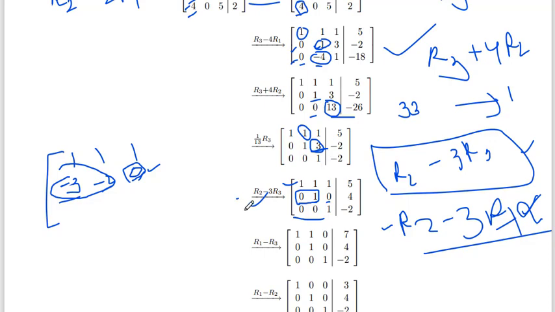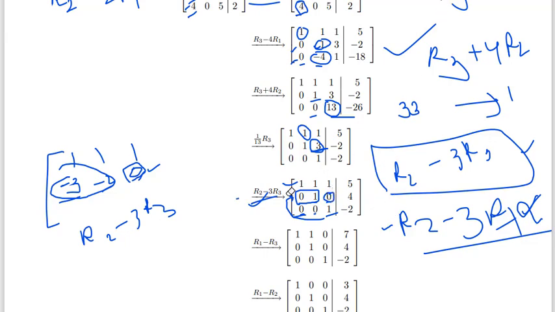So we did the row operation like this with the help of the third row, R2 minus 3 R3. Why? Because here you can see that x and y are 0, so that will not affect the second row's other two elements. Only this element depends on this row.